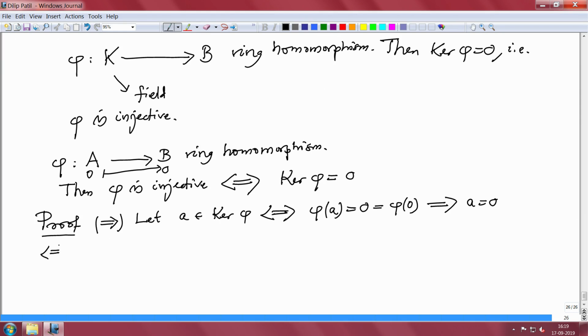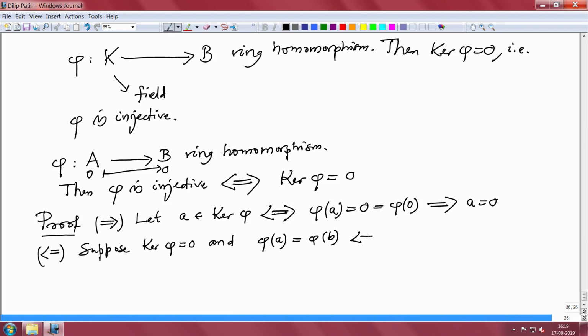Conversely, suppose the kernel of phi is 0 and suppose two elements give the same image under phi. Then I want to prove A equal to B for injectivity.